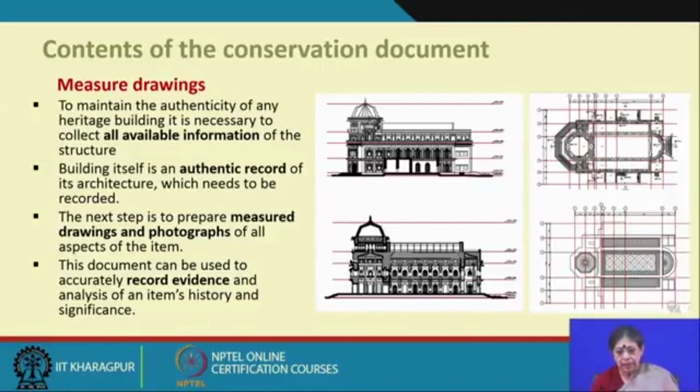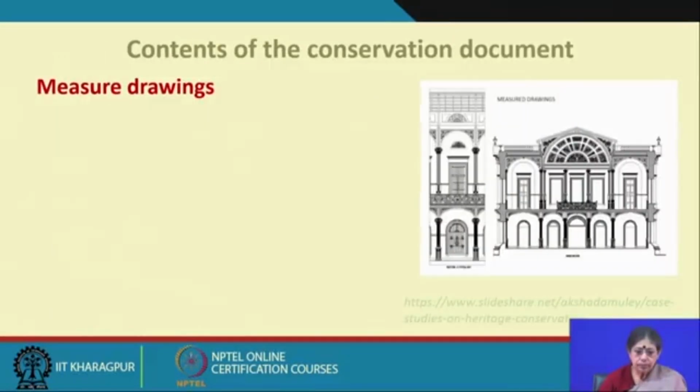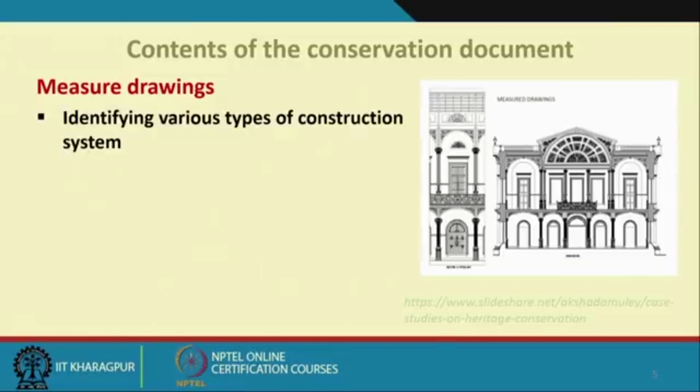So, the measured drawing forms a very important preliminary step of preparing a conservation report. These are some examples of measured drawings I have taken from various sources, and some references are given.